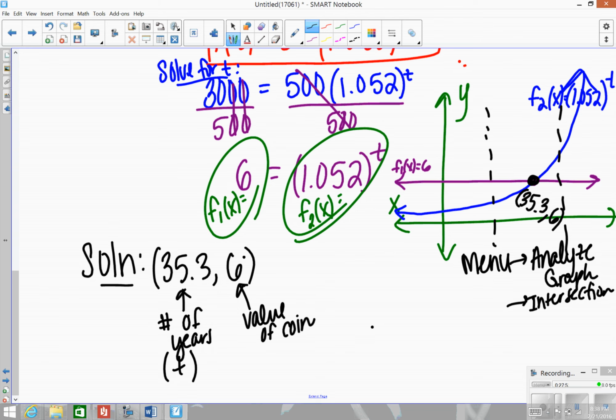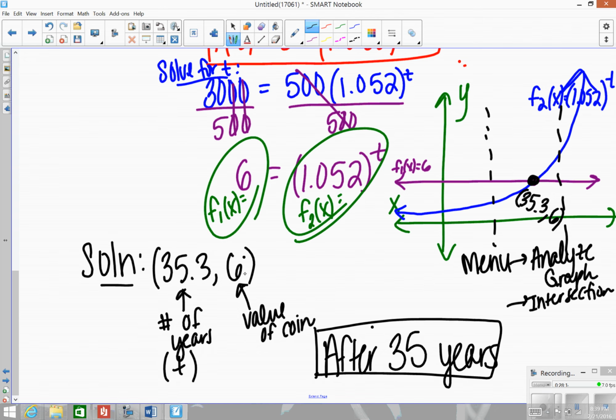To answer the question, it says, after how many years will its value cross the $3,000 mark? Well, after 35.3 years, so basically you would just say after 35 years.